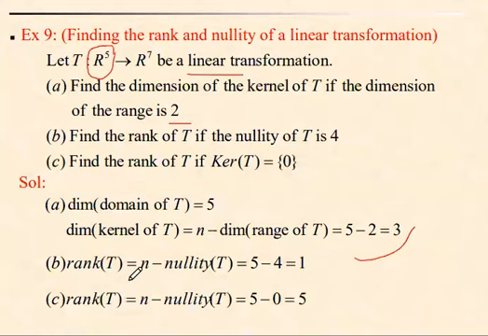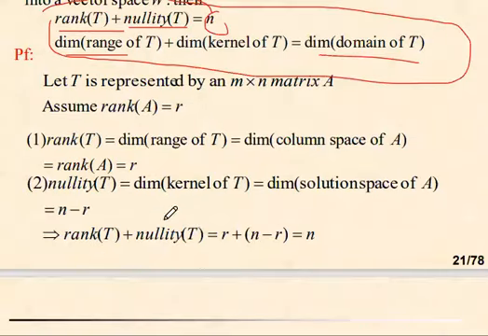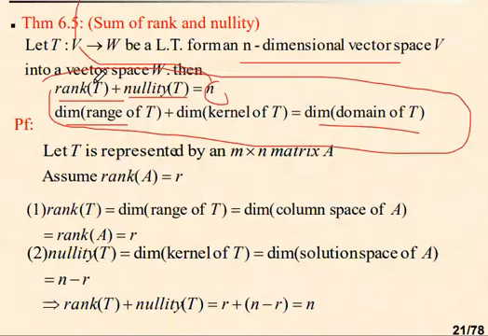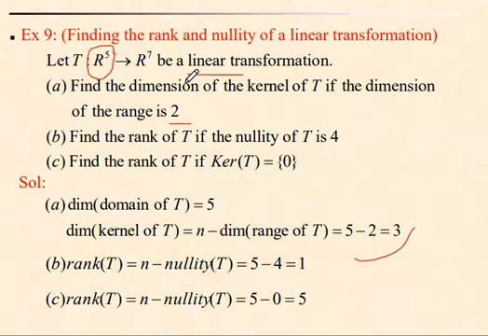And rank of T means rank of A, if you write this transformation in matrix form. The dimension of V is 5 and the nullity, the dimension of the kernel, is 3.